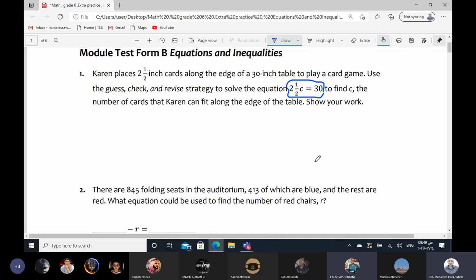Mr., 12. Thank you, Falah. Who has a different answer? Mr., 12 is the answer. Thank you, Muhammad Hamada. Who has a different answer?